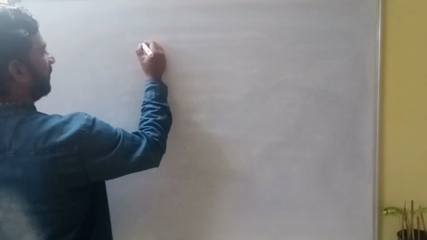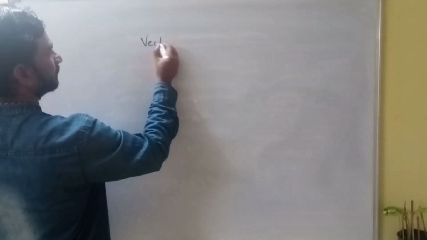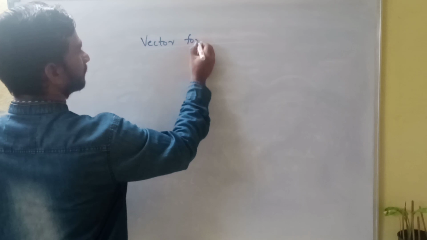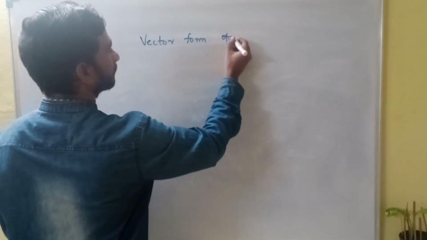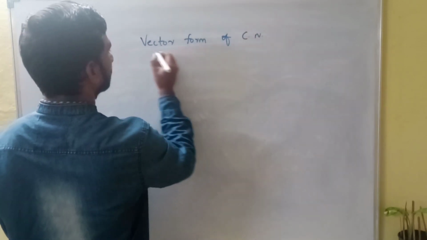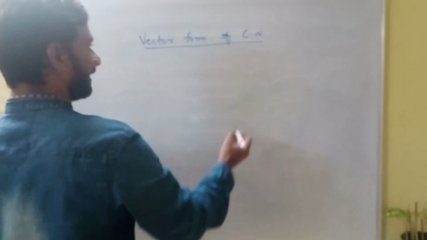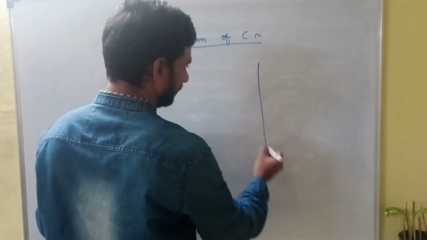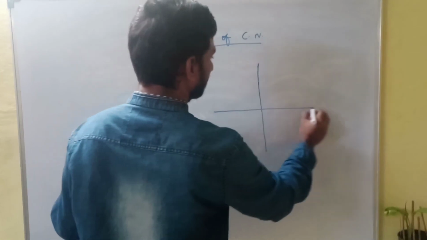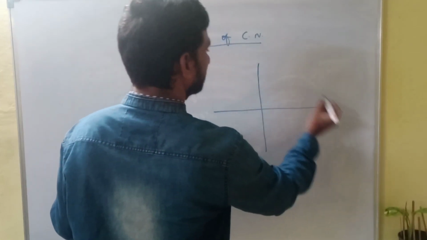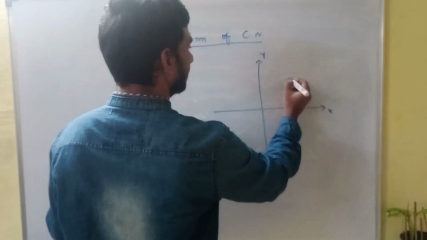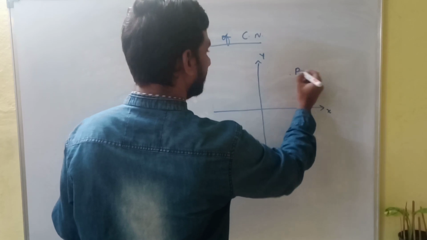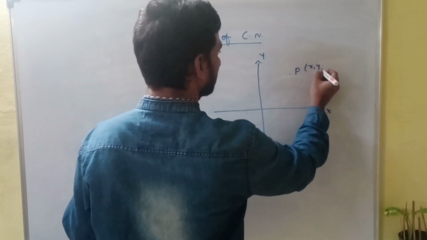Vector form of a complex number. I am taking a Gaussian plane. In the Gaussian plane, this is the x direction and this is the y direction. I am taking a point on the Gaussian plane, x comma y.